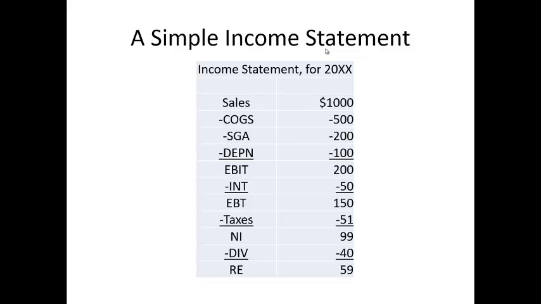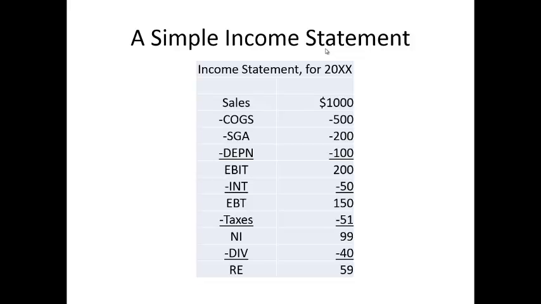Here we have a simple income statement. And we notice, first of all, that the income statement is for a period. So this income statement is for some year, 2000 and some year. And we see that the income statement begins with sales, and then we deduct our operating expenses of cost of goods sold, selling, general and administrative expenses, and depreciation expense.